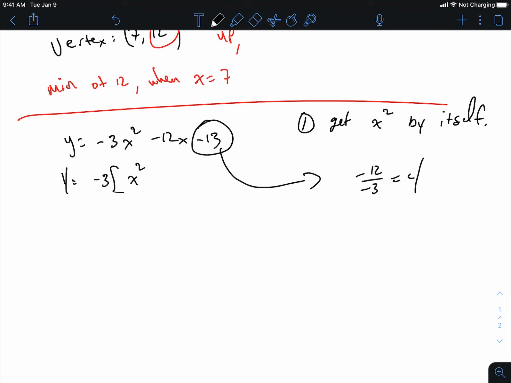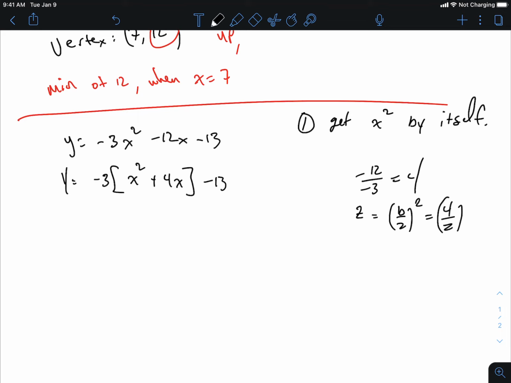So it's plus 4x, close the square bracket, minus 13. So okay? Now you can go find your z value. Z is equal to b divided by 2. Okay, so y equals -3, x squared plus 4x plus 4 minus 4.